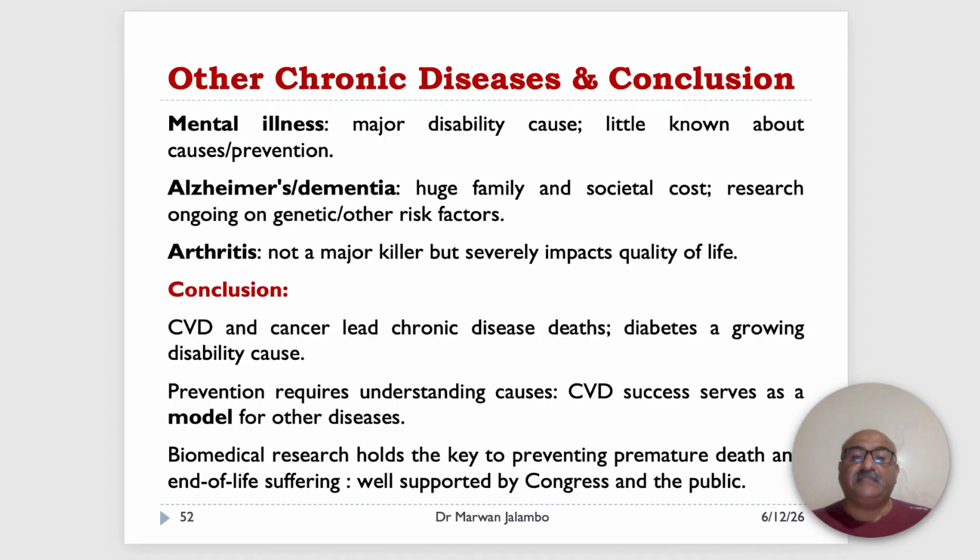First, mental illness. It's a major cause of disability in the United States, yet, strikingly, we still know very little about its causes and how to prevent it. That's a humbling reminder of how much work remains.